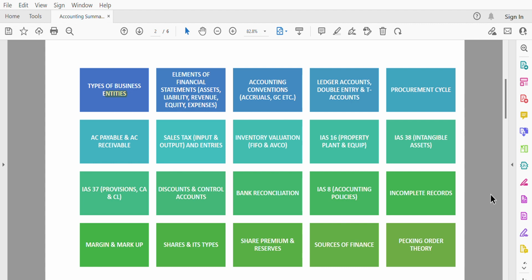For example, the highest risk is associated with the ordinary shareholders, and the lowest risk is with the company's own retained earnings. So this is the crux of the accounting, which we would be discussing lecture wise in our lectures. Thank you.